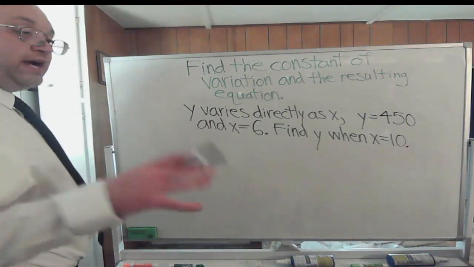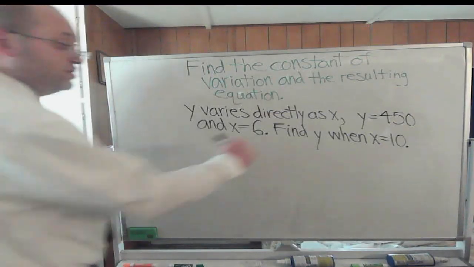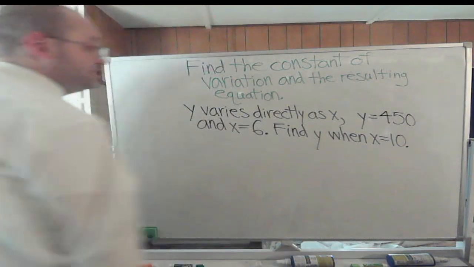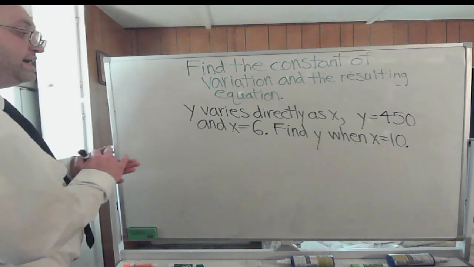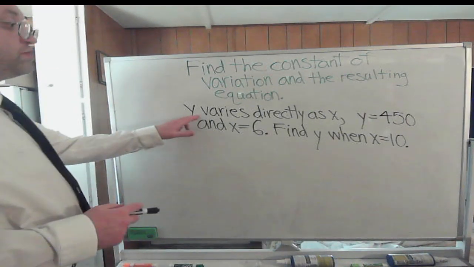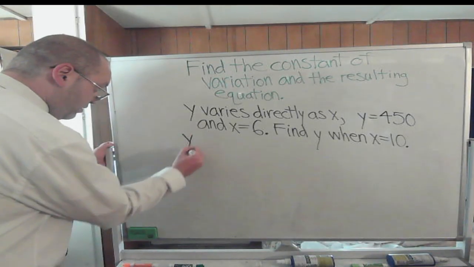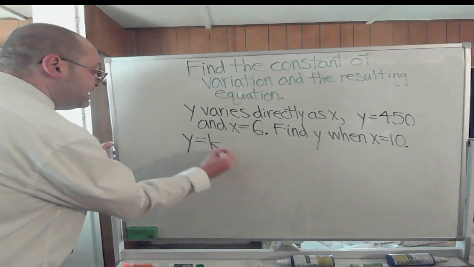Start out right away. When you have a problem like this, ignore the last sentence for just a minute. Forget about the find Y when X equals 10. First start with Y varies directly as X, which will be set up in the form Y equals KX.